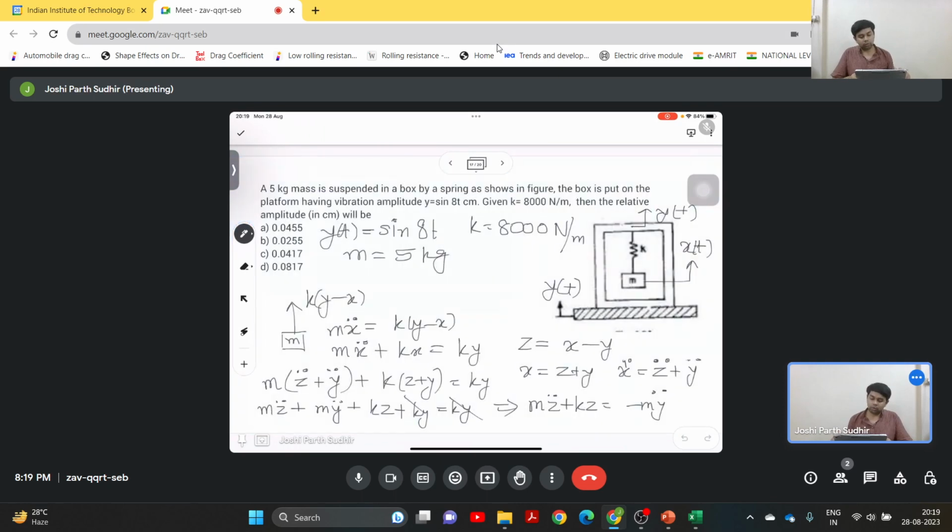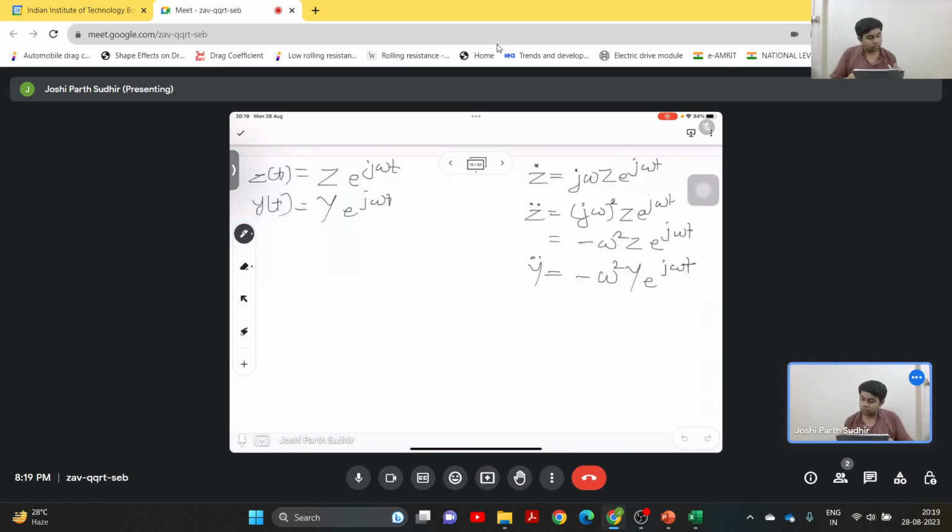So if we substitute this into the differential equation, m z double dot plus kz is equal to minus m y double dot, we can write it as m into minus omega square Z e to the power j omega t plus k Z e to the power j omega t is equal to minus m into minus omega square Y e to the power j omega t.